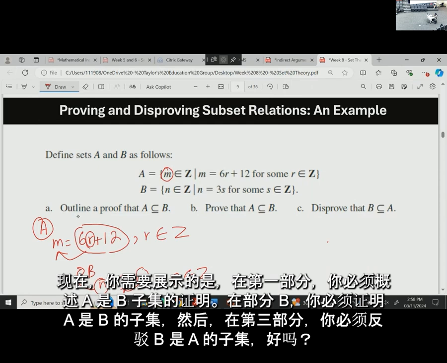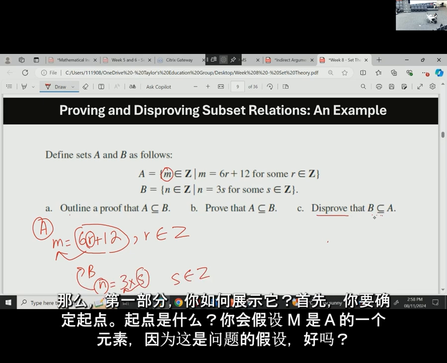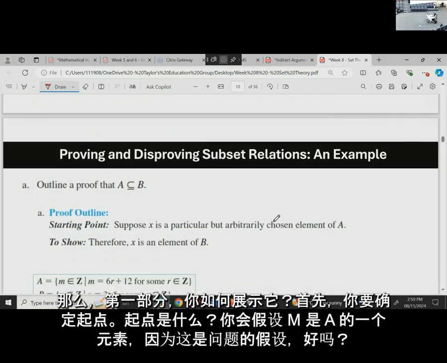Now what you have to show is, in the first part, you have to outline a proof that A is a subset of B. In part B, you have to prove that A is a subset of B, and then in the third part, you have to disprove that B is a subset of A. Okay. So first part, how do you show it?